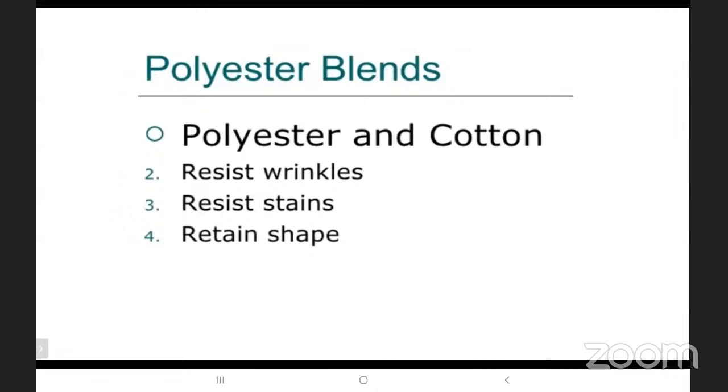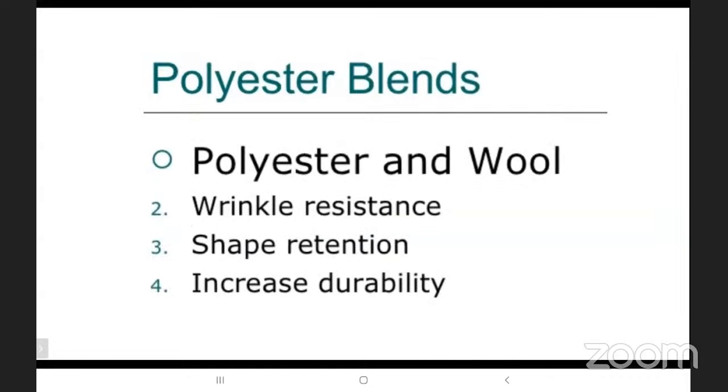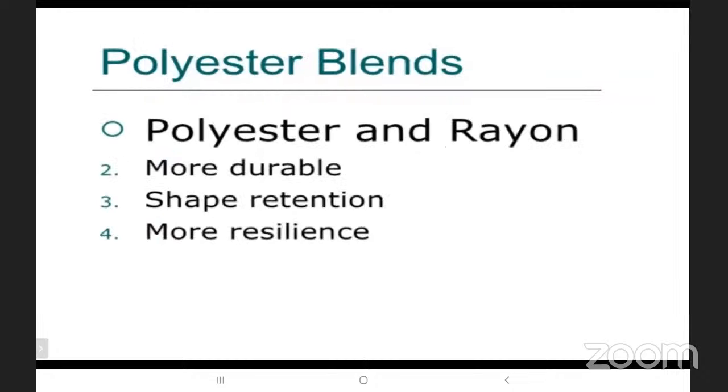First of all, polyester and cotton: in this case it resists wrinkles, resists stains, and retains shape. When polyester and wool are blended, it is wrinkle resistant, has shape retention, and increased durability. And when blended with rayon, it is more durable, with shape retention and more resilience.